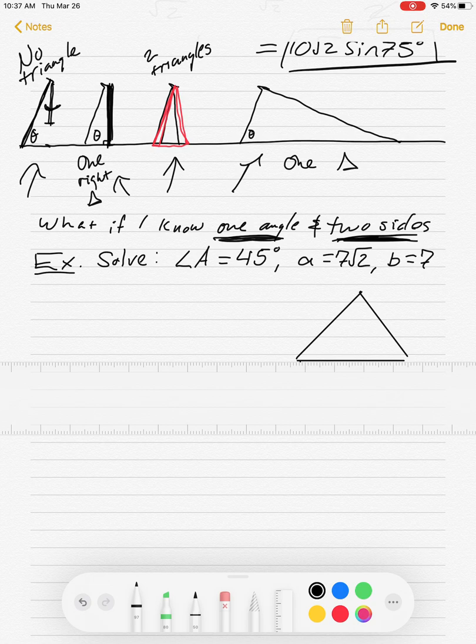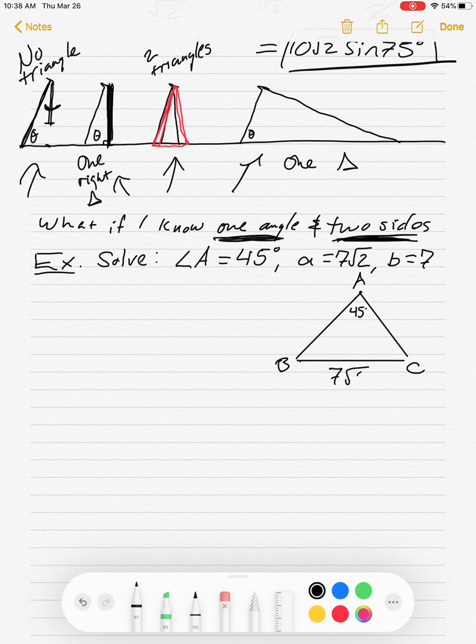Okay, something like that. So here's, say, A. Well, let's go with A, B, C. So here's 45 degrees. 7 root 2 is opposite that, and B is 7.